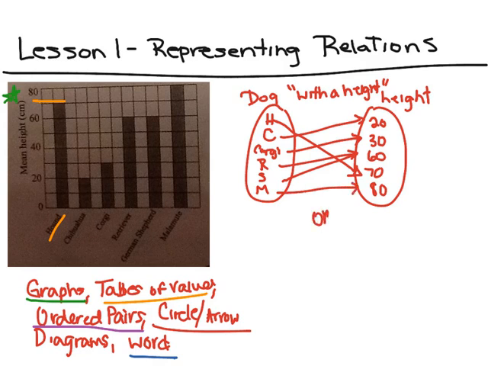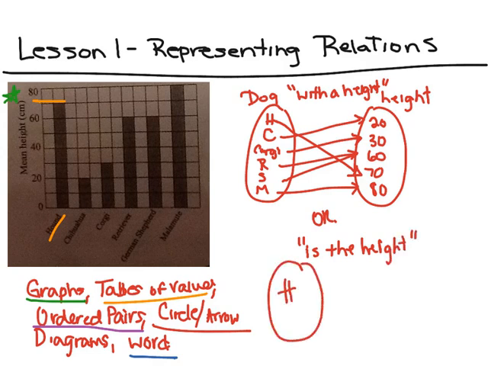If you were to say the association is the height, you would put your numbers on this side. So numbers is the height of the dogs. Then you would draw your arrows this way. Arrows always go left to right, and it does matter what you put in each circle, or each ordered pair, or in your table of values. All of it matters, so you need to be sure of what the association says.